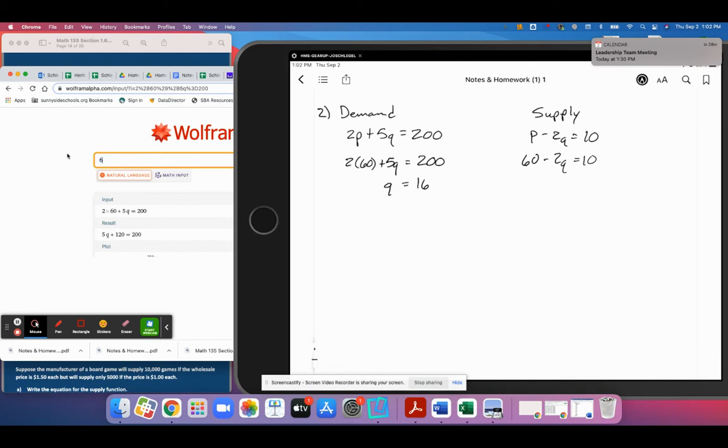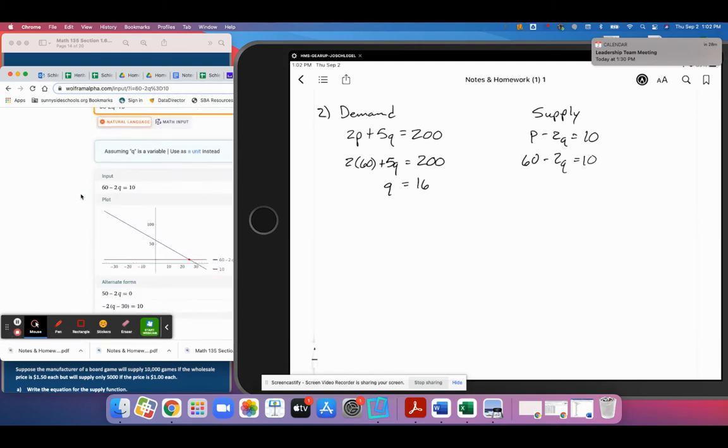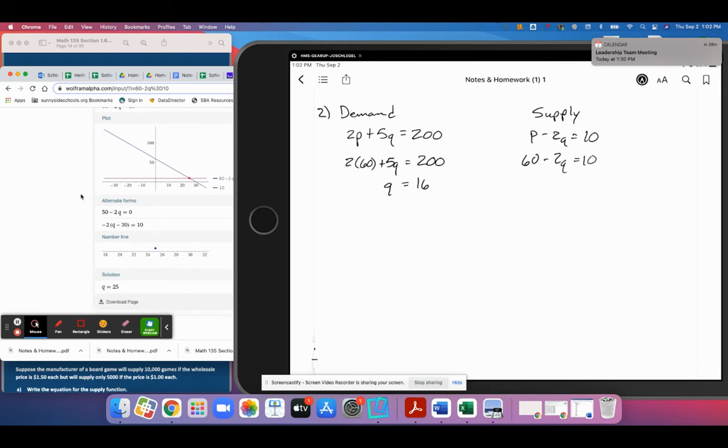So we get 60 minus 2Q is equal to 10. And we end up with a quantity, 25. So everyone, our quantity that is supplied at that price is 25.